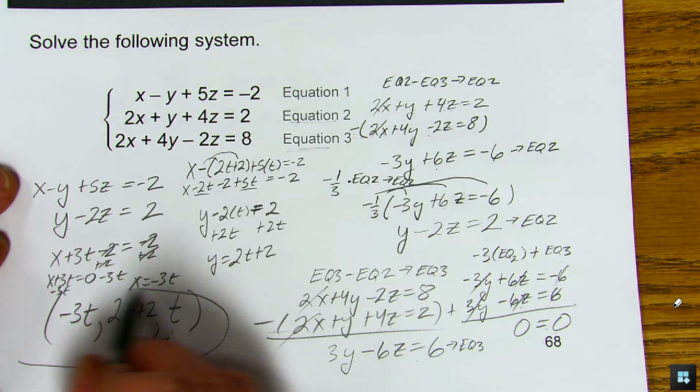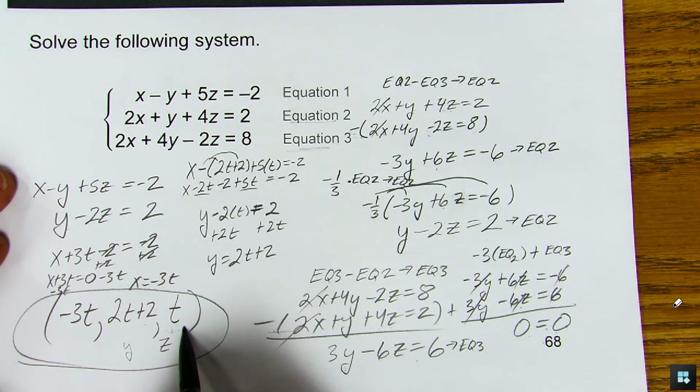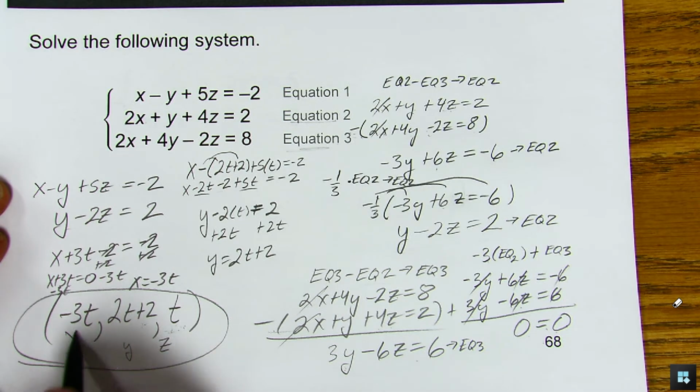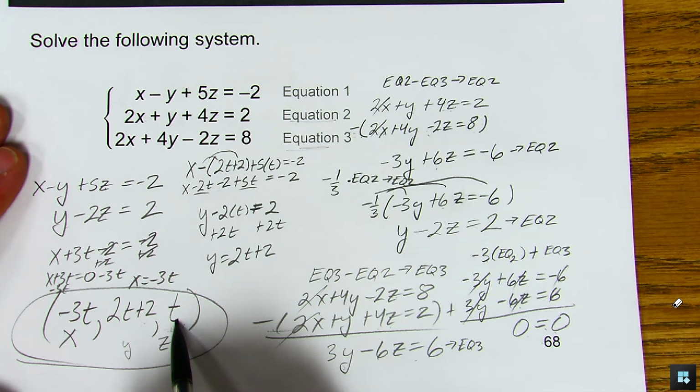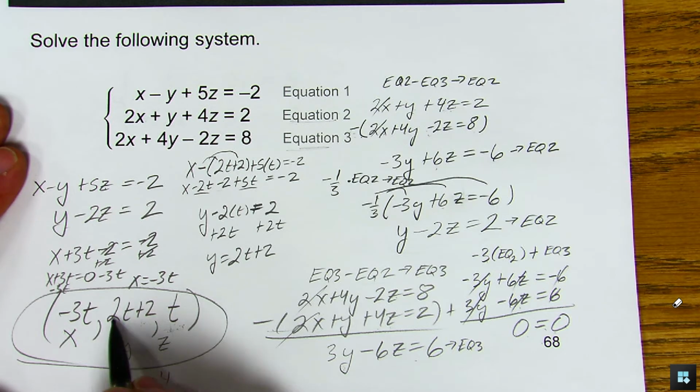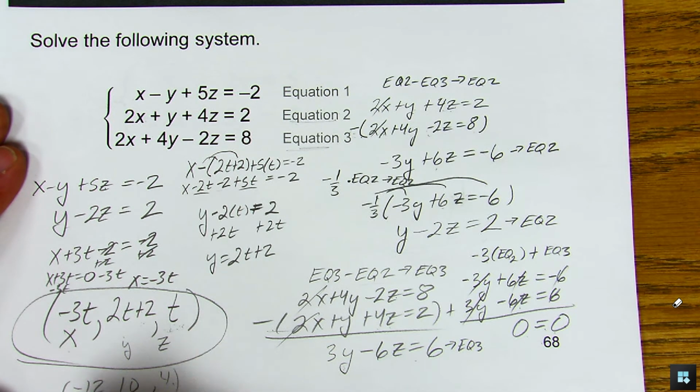So again, t can be anything I want it to be, but y and x will be bound to whatever t is, and you can find them by just plugging in. If I said t is 4, that's cool. That means y would have to be 2 times 4, which is 8, plus 2, which is 10, and x would have to be -3 times 4, which is -12. So that is a solution.